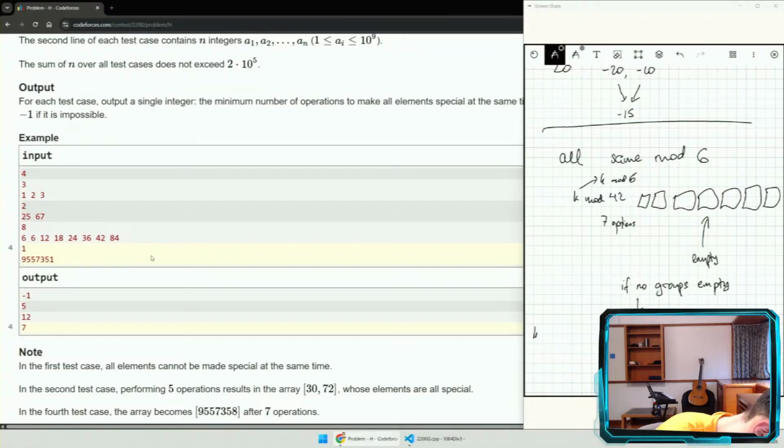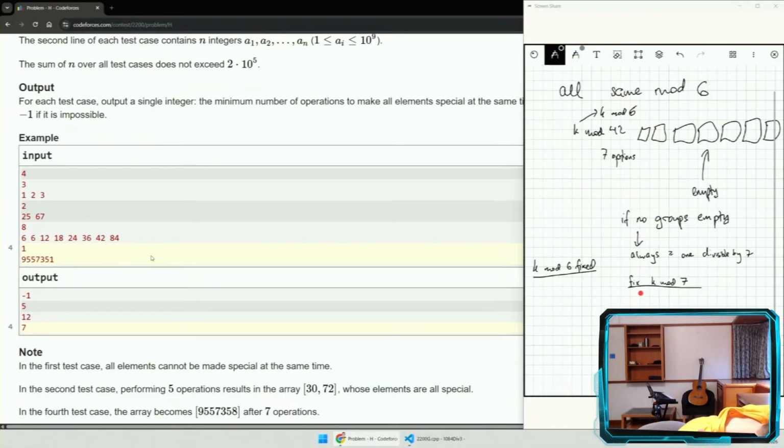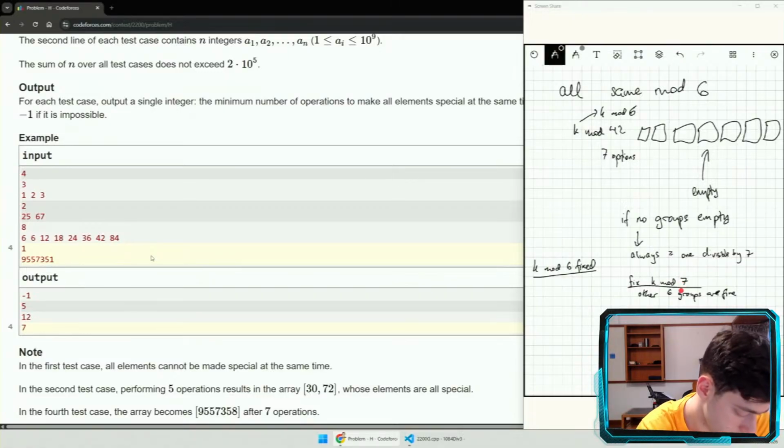Again, k mod 6 is fixed. Now let's fix k mod 7. This means the other 6 groups are fine as long as we obey this k mod 6, because they'll all be divisible by 6, but they won't be divisible by 7. But this bad group remains.